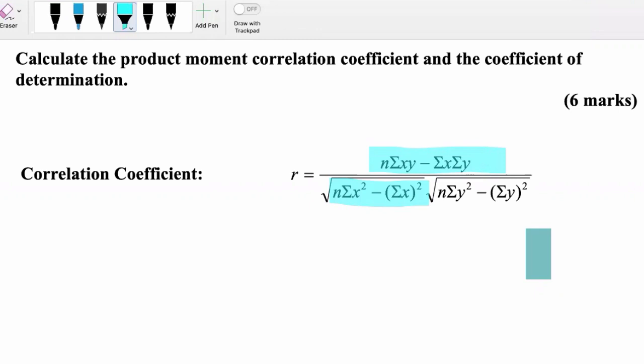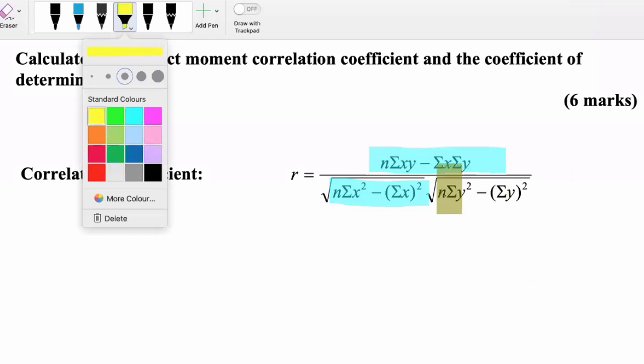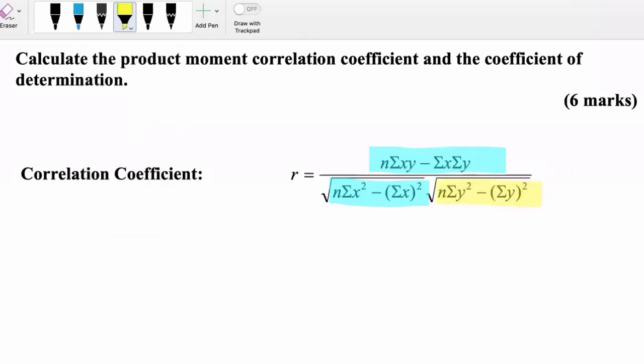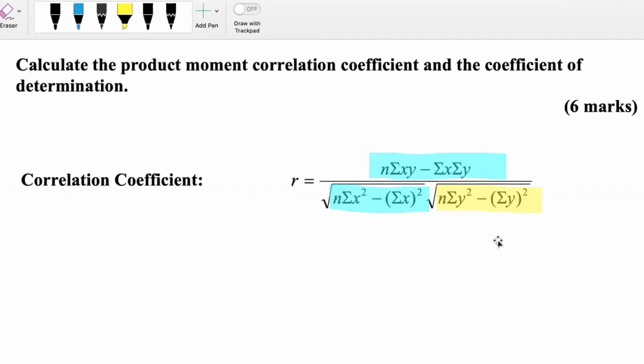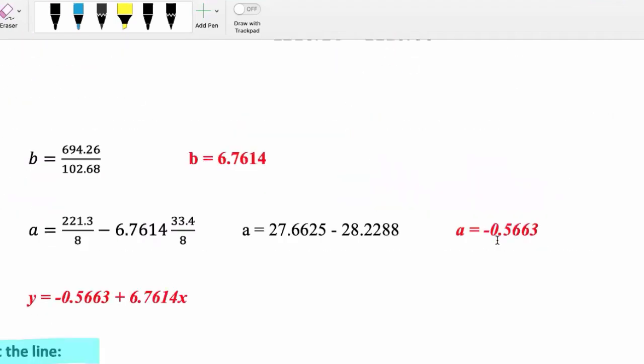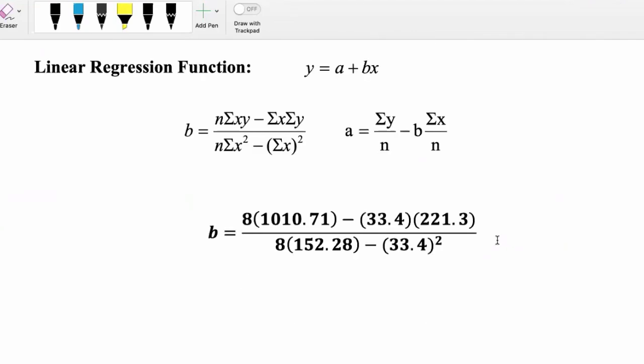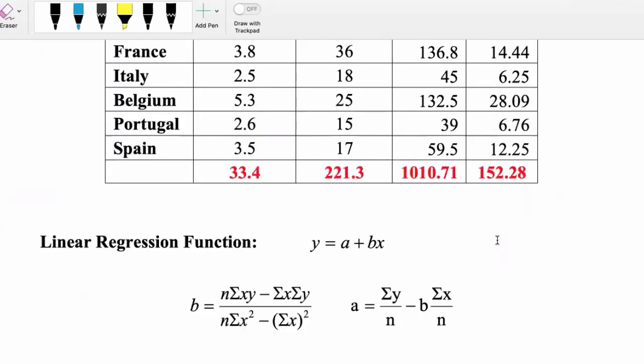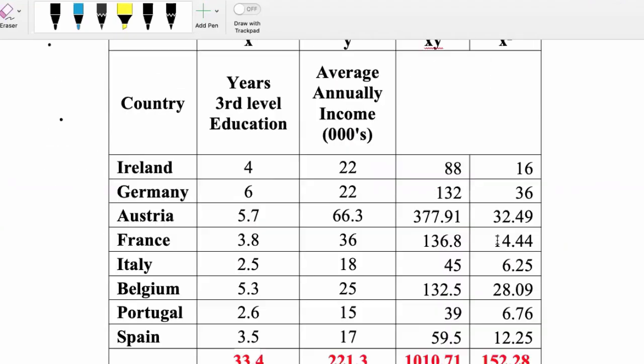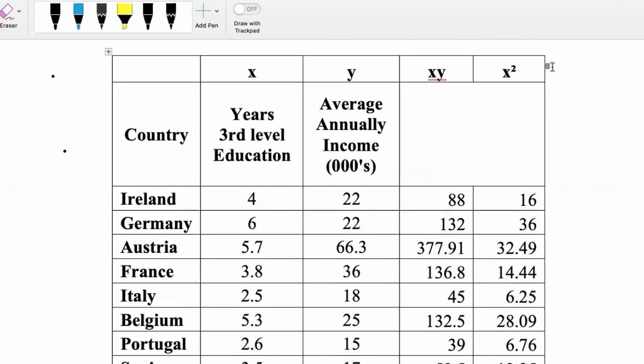So all that's missing is us having to find out this part. Ideally, if I was doing this, and you've seen me doing it in class, when we were looking at the initial calculations, in other words putting it up in a table, I would have another column here with y squared.